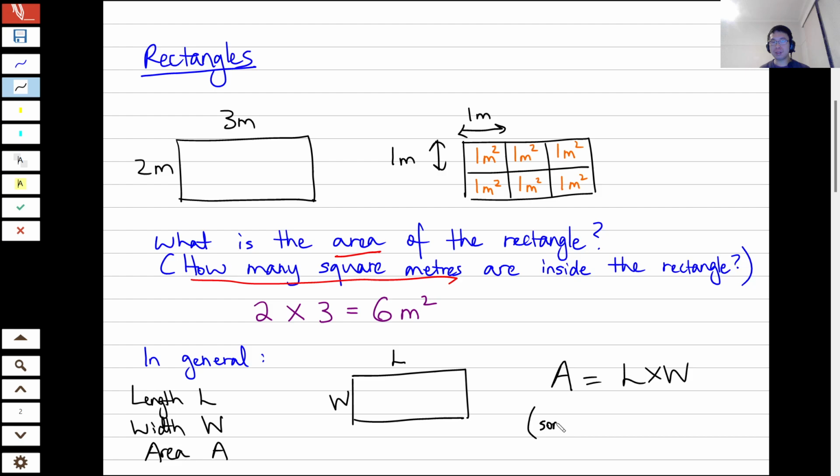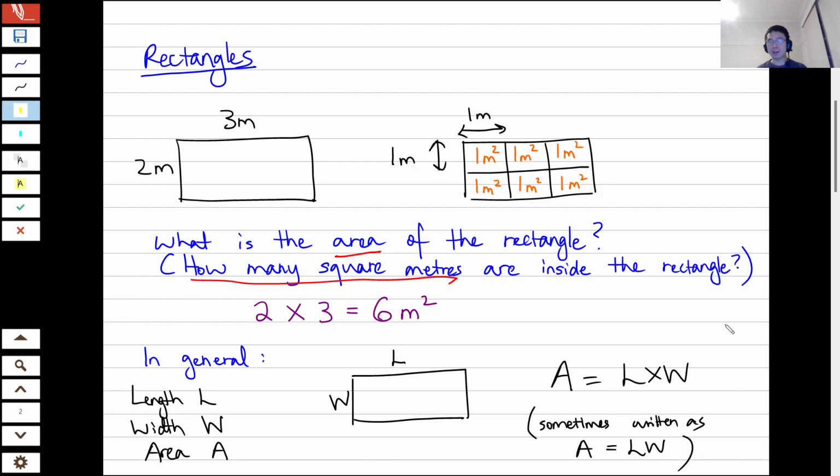And sometimes this is written as A equals LW. And the reason for this is, if I write 2 pronumerals or 2 letters next to each other, like this, what's implied is this multiplication sign between the two.